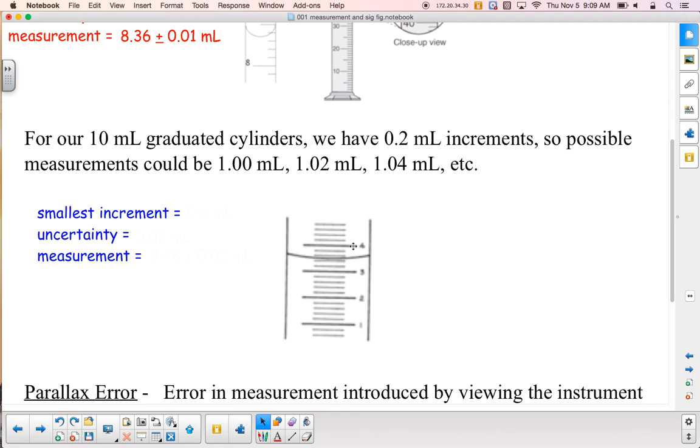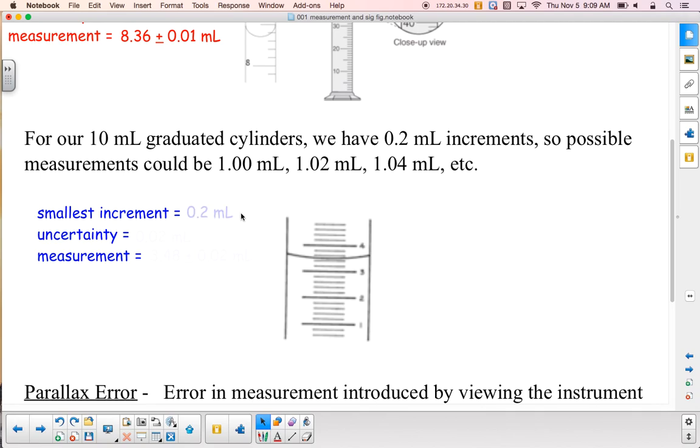One of the rules about our measurements is that the measurement always has to be a multiple of the uncertainty. So if we have 0.2 milliliter increments, possible measurements are going to have to be things that end in even numbers. So things like 1.00, 1.02, 1.04.